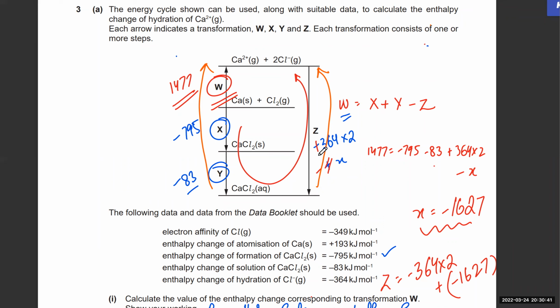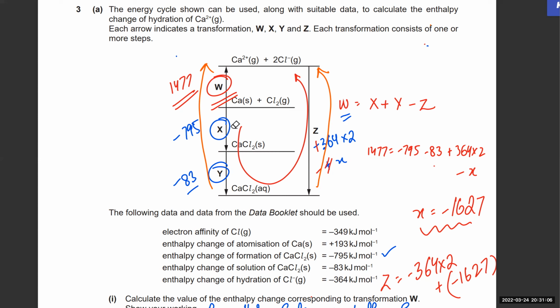I was trying to figure out what Z was. So Z was Cl minus gaseous turning into aqueous Cl ions, so that was the enthalpy of hydration of Cl ions. What was missing was calcium ions turning into calcium aqueous, the enthalpy of hydration of calcium ions, and that I took as X. So this is not that X. Okay, is that clear?